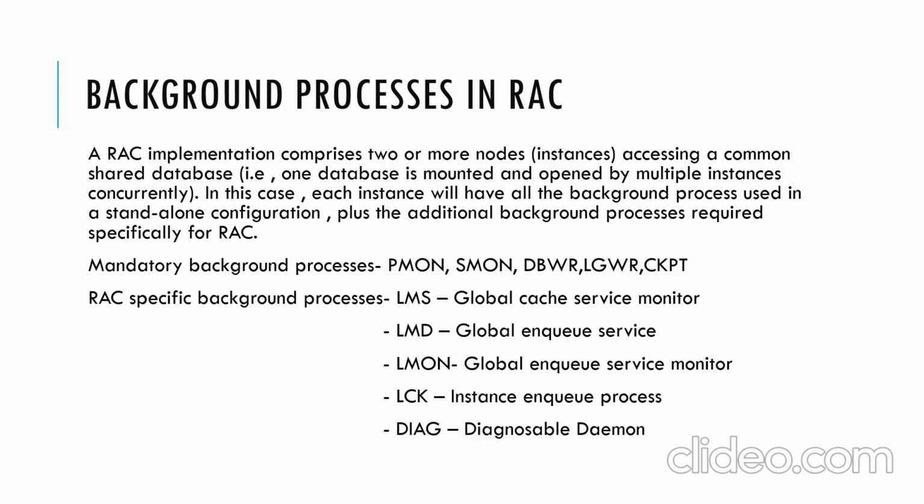Background processes in RAC. A RAC implementation comprises two or more nodes or instances accessing a common shared database. That is, one database is mounted and opened by multiple instances concurrently. In this case, each instance will have all the background processes used in a standalone configuration plus the additional background processes required specifically for RAC.